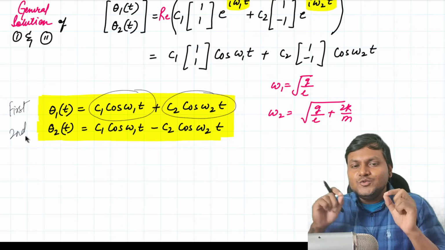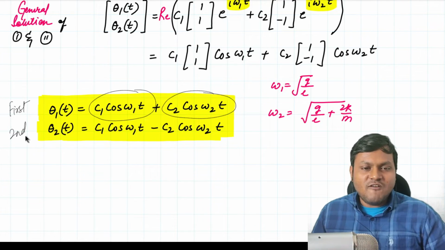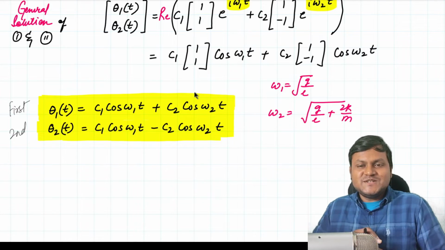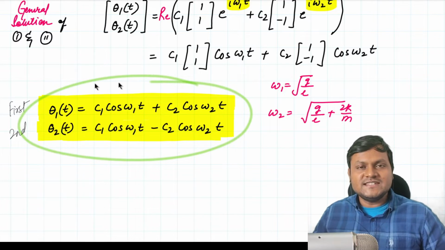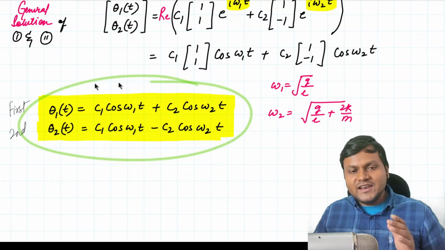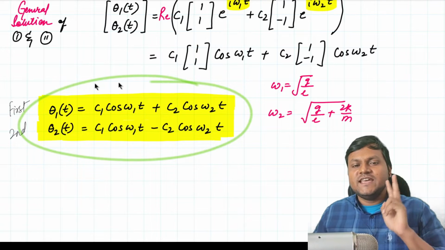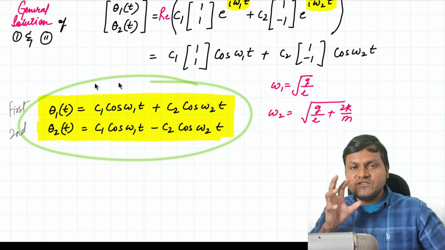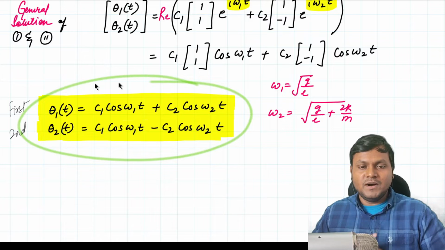So there are two distinct simple harmonic oscillations hidden within the general solution of both mass m1 and m2. The nature of the motion of the coupled pendulum is such that the angular displacements of both masses have two distinct frequencies hidden within them. Now this has a huge significance for coupled oscillators in general.